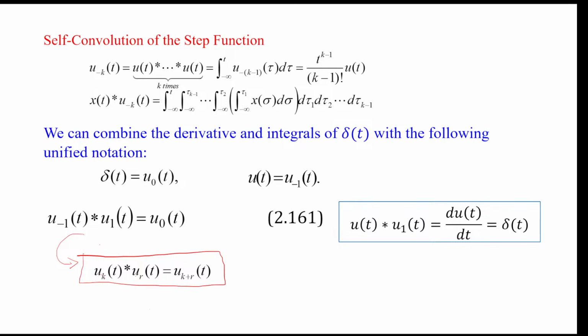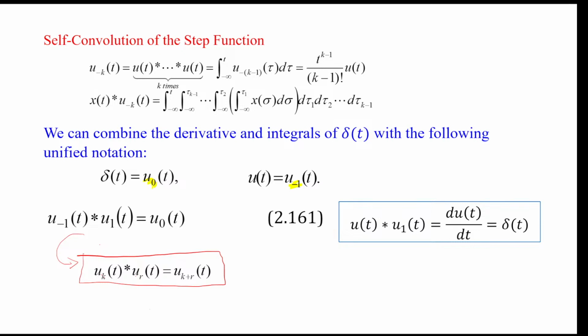So the delta function, the thing we start with, is u sub 0. And then we have the really weird definition, u of t equal to u sub minus 1.